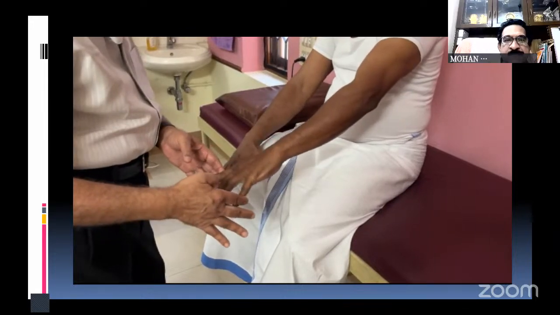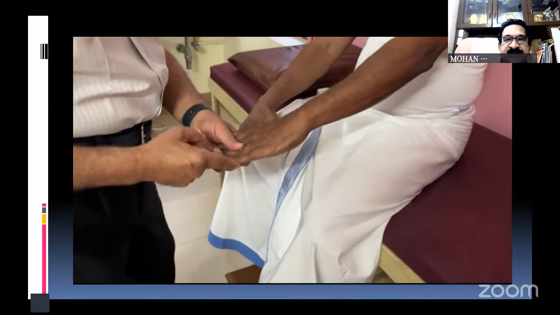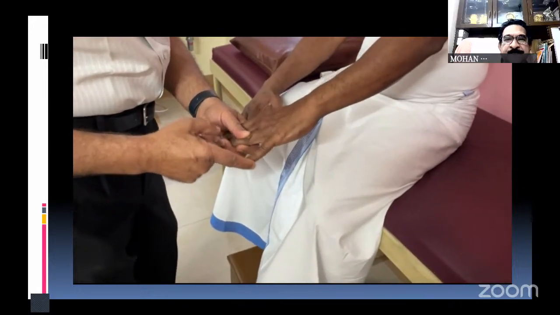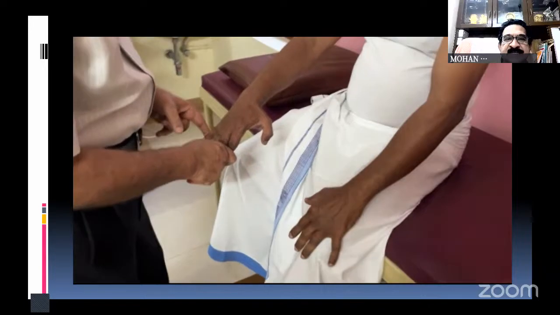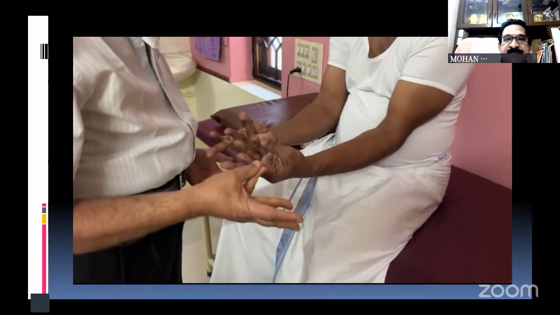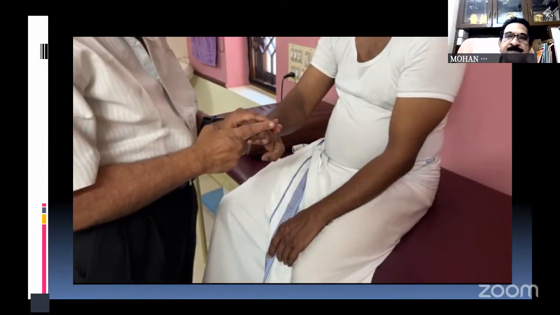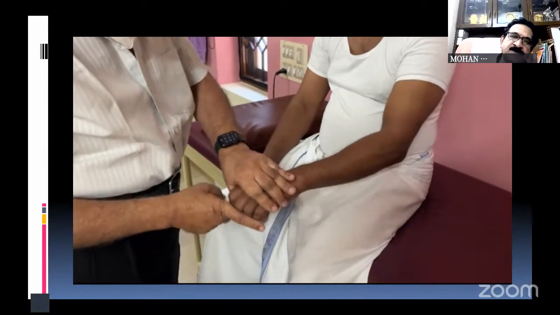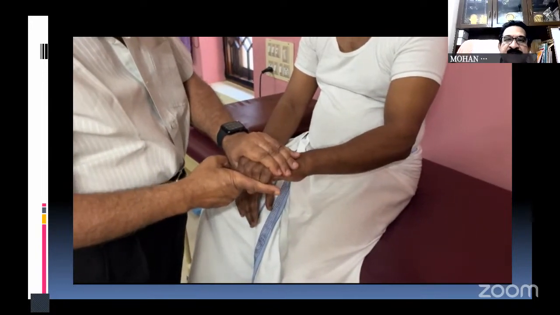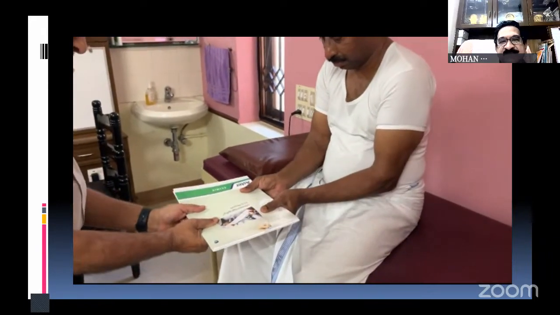Then if you look at the small muscles, the first dorsal interosseous had good power, but ADM was weak. That is slightly weak on the left, but on the right side there is good power. The opponens is also weak on the left side. Opponens digiti minimi was also weak. He could not oppose. Interossei almost normal, probably mild weakness on the left side. Cross finger sign was negative.